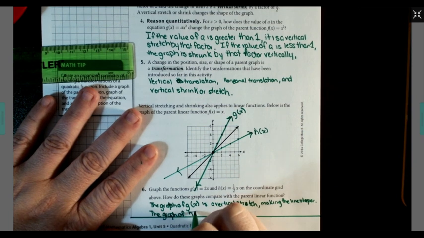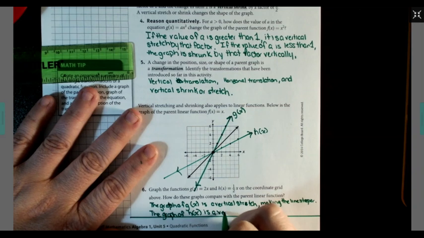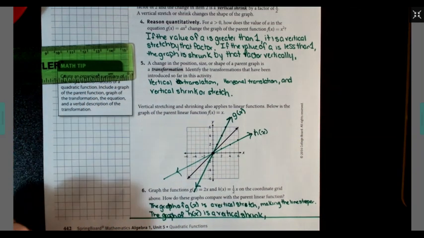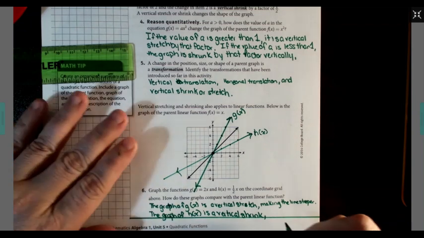The graph of h of x is a vertical shrink, making the line less steep.